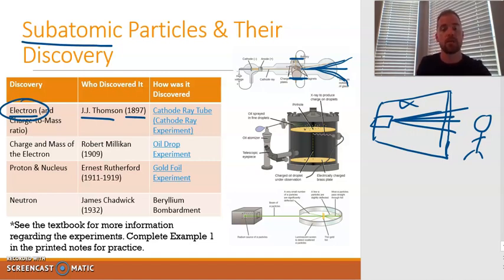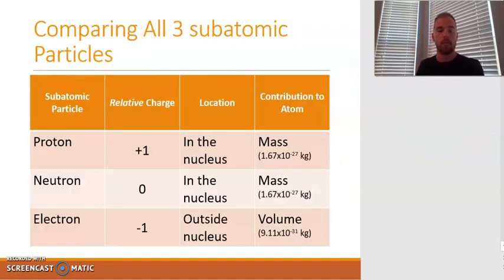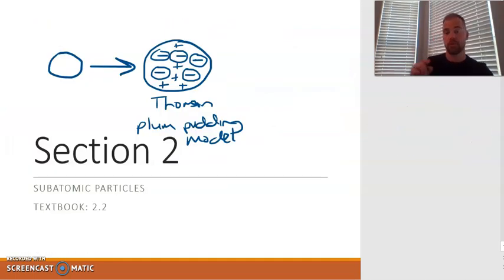Now, Robert Millikan, not too long after Thomson's discovery, actually discovered a little bit more. He discovered the charge and the mass of the electron. So he didn't discover a new particle per se, but he did discover more information about the charge of the electron and the mass. These actually are on the back of your periodic table that's given to you in the course materials.